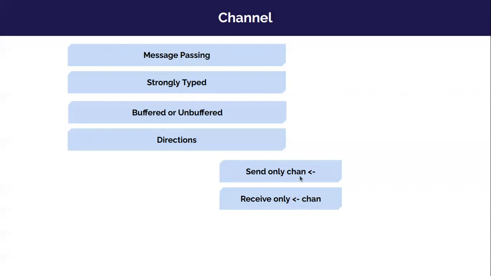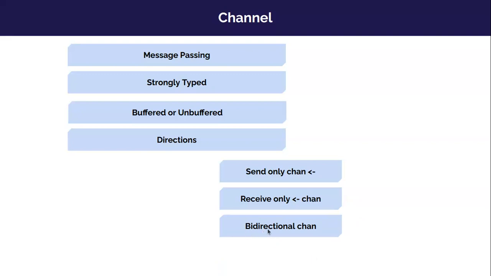So chan and then this sign will determine that it is a send only channel, and if we use this sign before chan, it will be a receive only channel. So this channel cannot send anything, this channel can only receive.